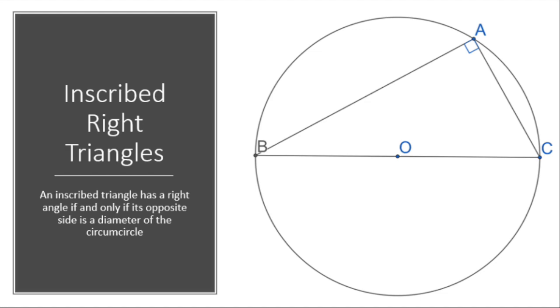And so we know that since BOC is a diameter, it must cut the circle into two equal parts, which must equal 180 degrees, as we know that the complete arc length of a circle is 360 degrees, and if you divide that by 2, since it's the diameter, you get 180 degrees.